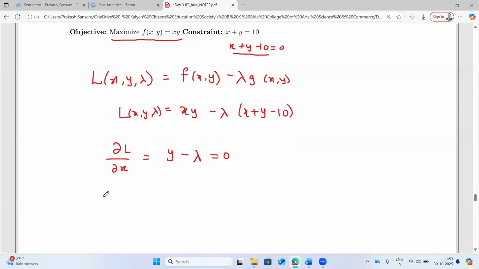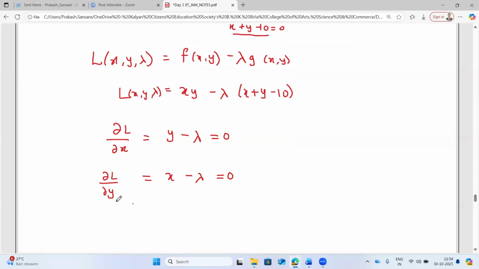Similarly dou L by dou y will be x minus lambda, which is equal to 0, and the third part is the derivative with respect to lambda, dou L by dou lambda, so that will be minus (x plus y minus 10) is equal to 0.